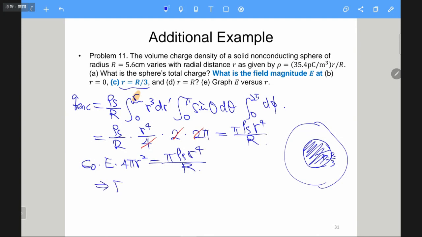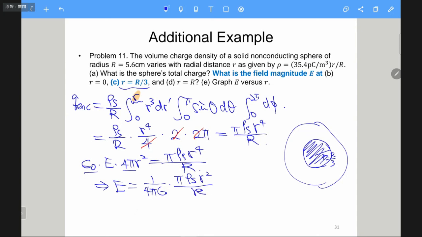It turns out to be E equals 1 over 4 pi epsilon naught, of course we need to times pi, rho S R to the 2nd power over capital R.